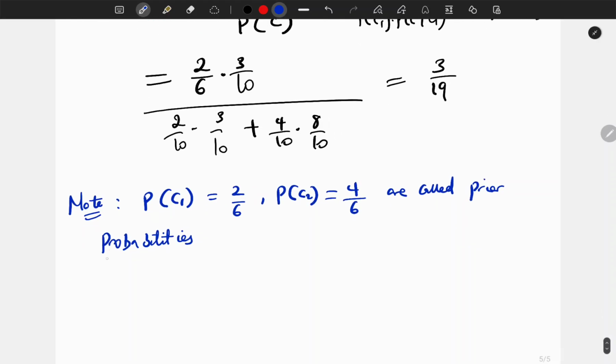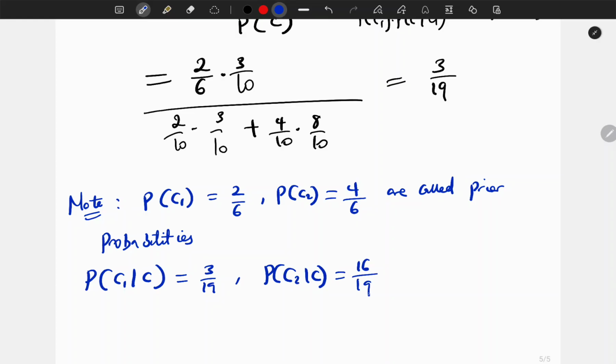And the ones we get later, the probability of C1 given C, which is equal to 3 over 19, and the probability of C2 given C, which is equal to 16 over 19, are called posterior probabilities.